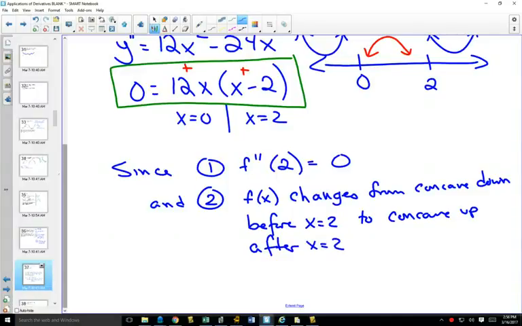So we have to show those two reasons. That's why I numbered them. One, we have to show that the second derivative is equal to 0. And two, we show that it changes concavity, that it changes from concave down to concave up.